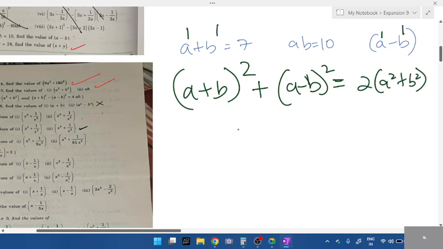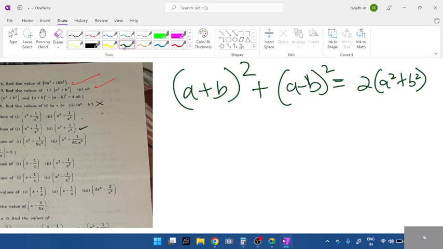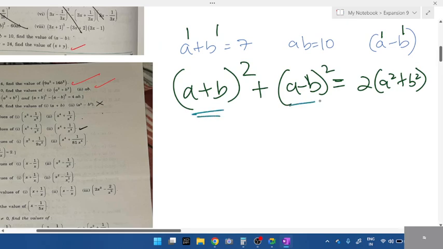What will be the next? How do you solve? Tell me the next. What are the unknown variables here? You told me the formula. What are the variables? This is variable: a minus b and a square plus b square.